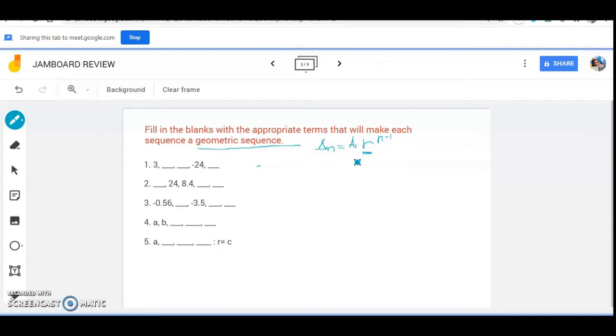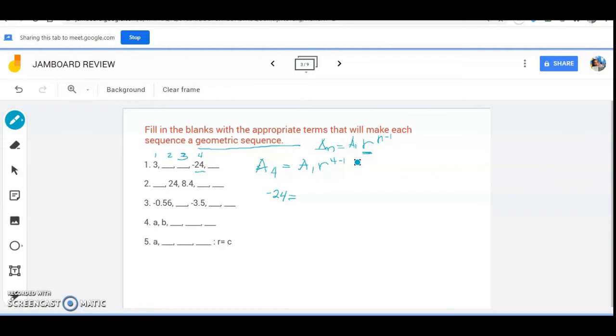Okay, yes. So, we have the last term. Pang ilan yung last term natin? 1, 2, 3, 4. So, pang 4 yung ating last term. So, we have a sub 4 is equal to a sub 1 r raised to 4 minus 1. So, ang value ng ating a sub 4 ay negative 24.